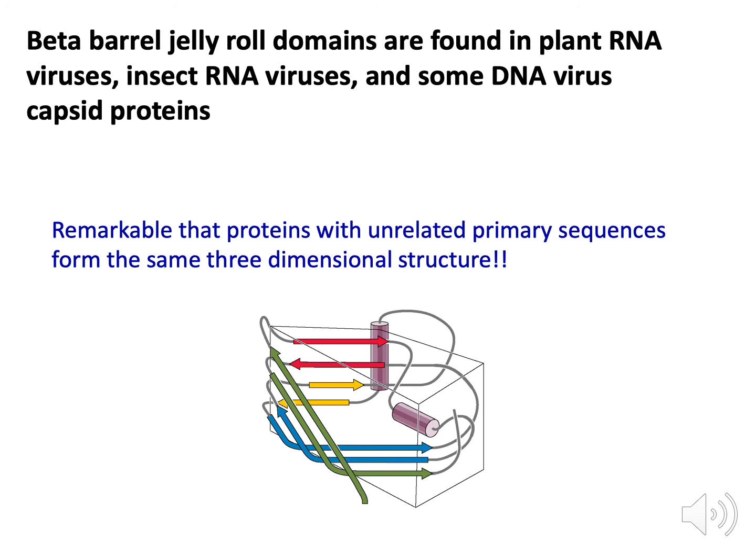Beta barrel jelly roll domain proteins are found in plant RNA viruses, insect RNA viruses, and DNA virus capsid proteins that have to fold to make an icosahedron. And what's mind-blowing is that proteins with completely unrelated primary sequences form the same three-dimensional structure.